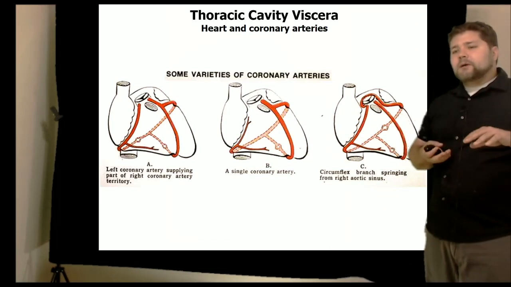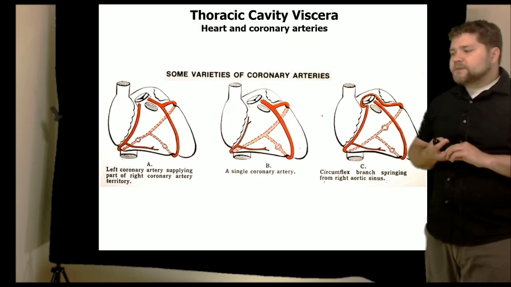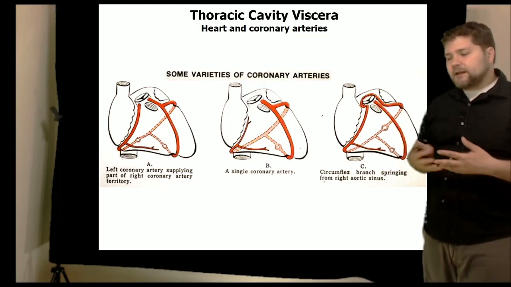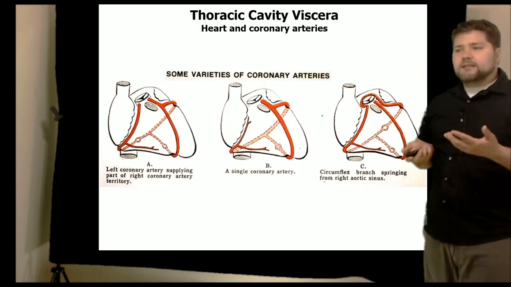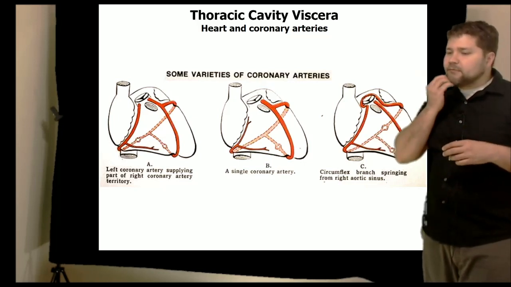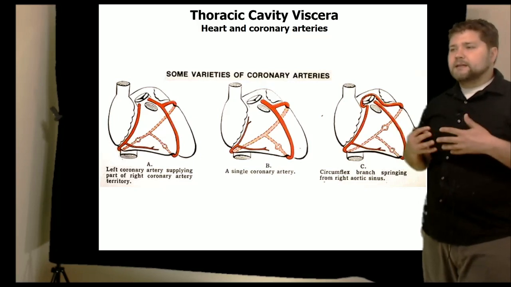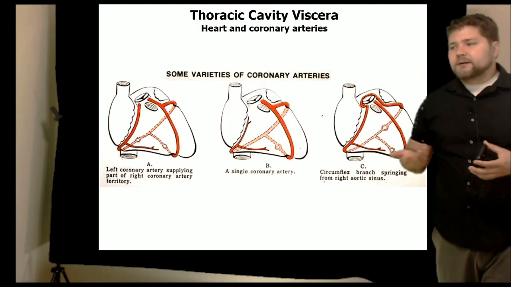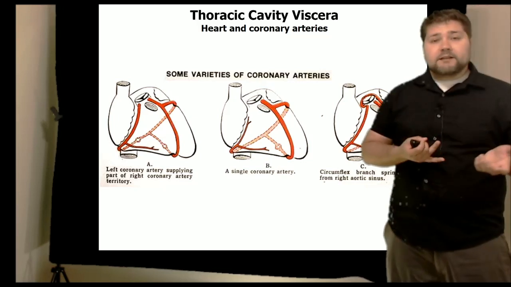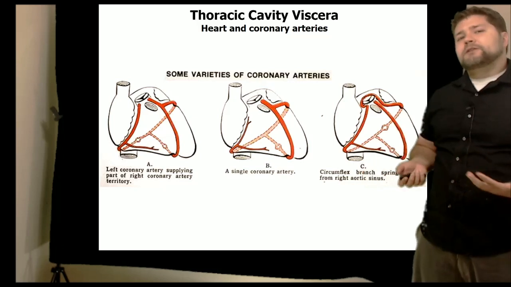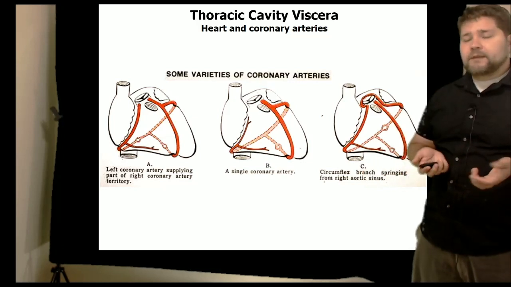Now, I did say I want to get to variations. So if you've ever heard the term of something being a right-dominated heart versus left-dominated heart, most hearts tend to be right-dominated, but that information is kind of biased, and it really just depends on what population you're looking at. But when we talk about variations or dominance of the heart, what we're referring to is which artery is supplying that posterior interventricular groove.